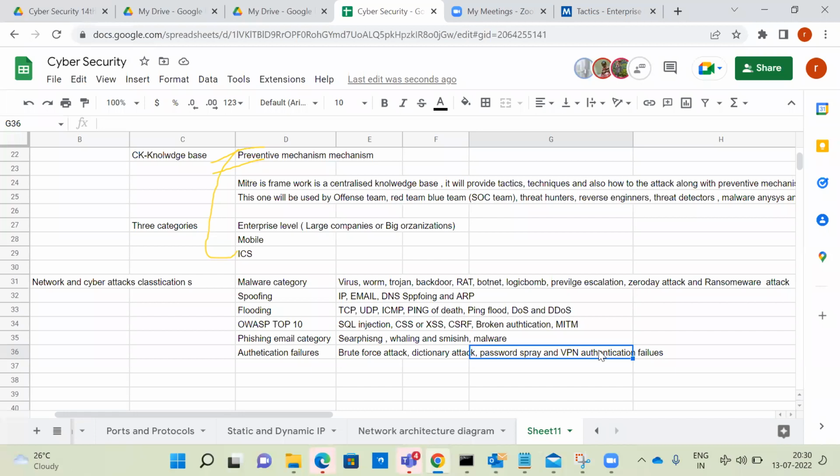For every attack you should know the total end-to-end process at the time of forensic or incident investigation. You should know the attack name, the attack definition, how we can prevent it, and how we can take care of mitigation if something got compromised.